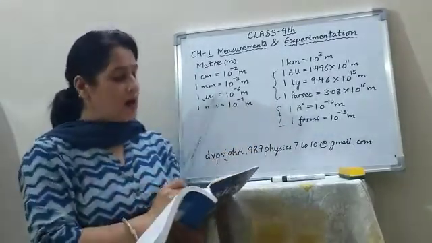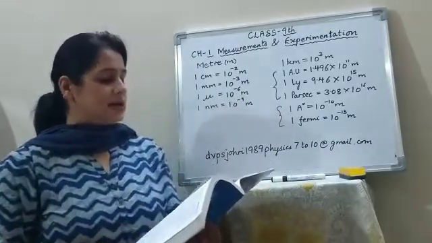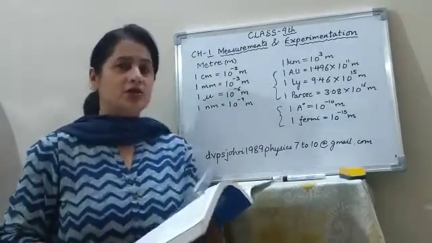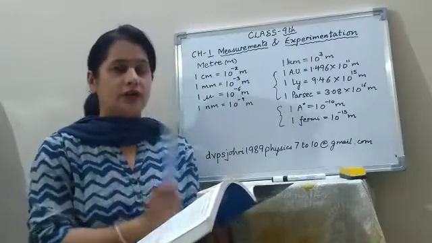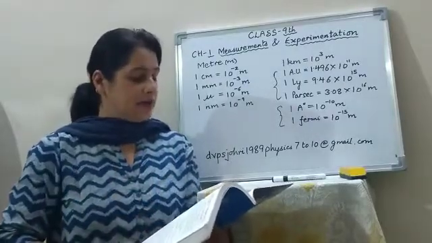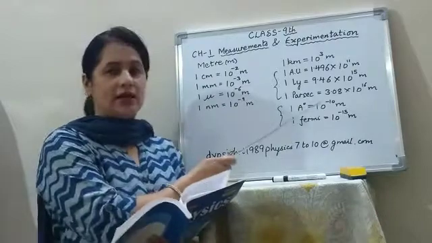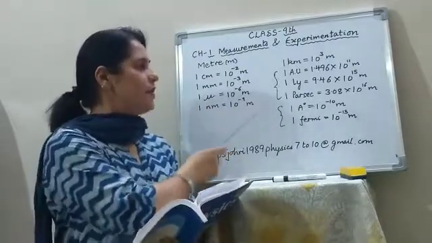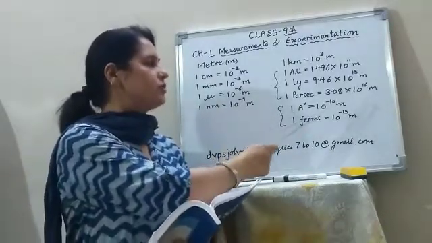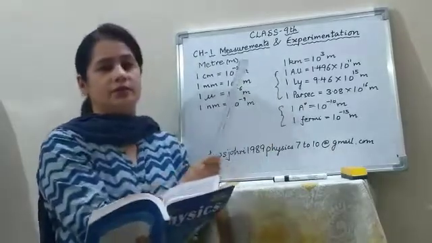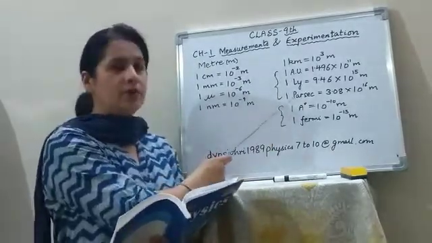And similarly parsec. 1 parsec is the distance from where the semi-major axis of the orbit of the earth subtends an angle of 1 second. And the relation is 1 parsec is 3.08 into 10 to the power 16 meter. So these are the bigger non-metric units.